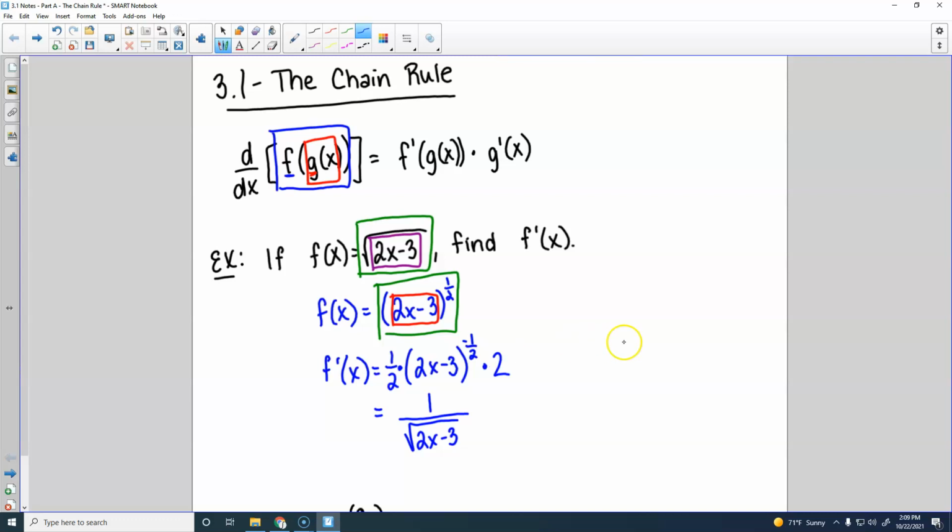No x's, because all of this stuff right here goes back down to the bottom and becomes a square root. That's it. You're done. This is your answer.